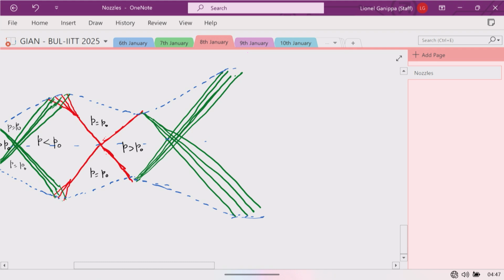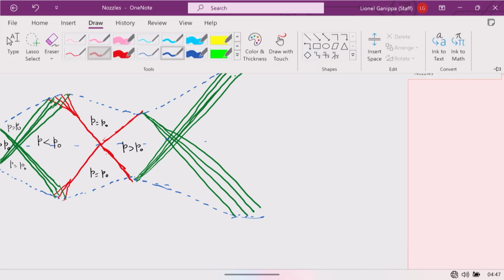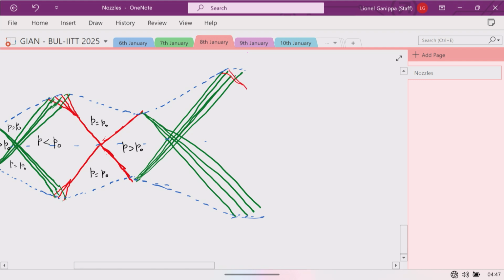Then this will end up in the intersection of it. Then you have the formation of the intersection of unlike reflection, weak oblique shocks, they meet and coalesce to form a strong oblique shock. So here again, we see the pressure will be equal to P naught.